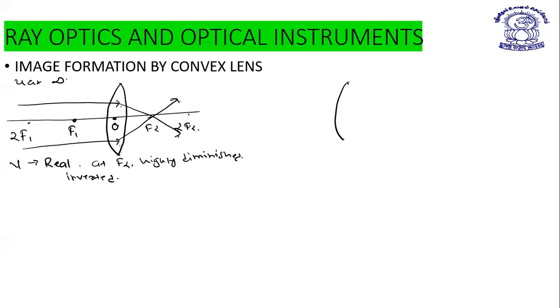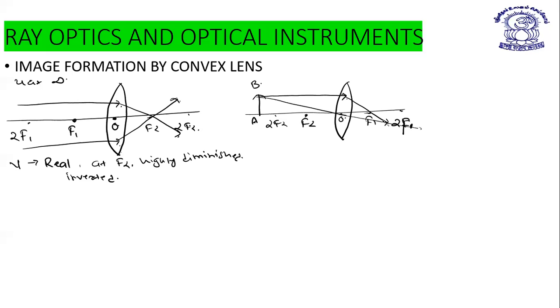Now, gradually, we will move the object towards the lens. In the second case, we have kept an object beyond 2F2. We will incident two light rays. One is parallel to principal axis. After refraction, it will pass from focus. And another is passing from optical center of the lens.